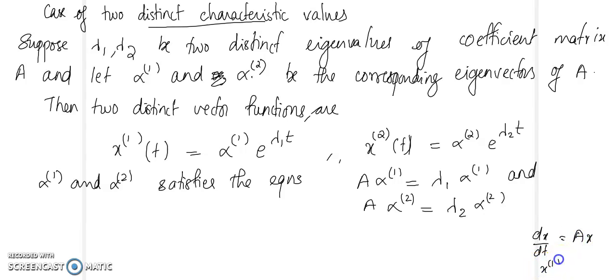So we need to check whether x1 and x2 are solutions. If they are solutions, then are they linearly independent solutions? If so, we can go and write the general solution. So the general solution will be c1 x1 plus c2 x2. We will look at two things: first, whether x1 and x2 are solutions or not, and whether they are linearly independent or not.